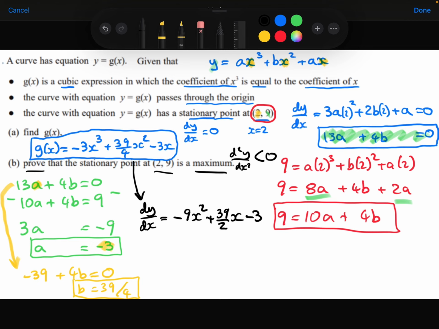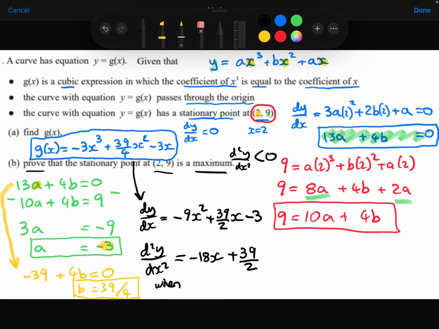Now we're going to differentiate for the second time. The minus 9x squared will differentiate to be minus 18x. The 39 over 2 x will differentiate to be 39 over 2. And the negative 3 will cancel out.